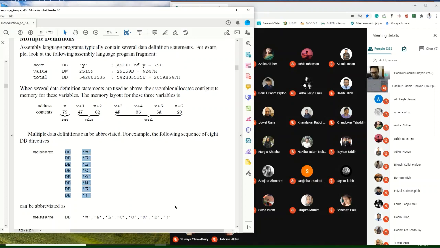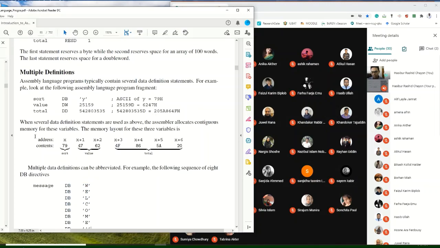But before that, let me show you one thing that I told you previously: whenever you define any data, the assembler allocates the memory location serially. Okay, so look at this example. We have 3 variables: sort, value, and total.